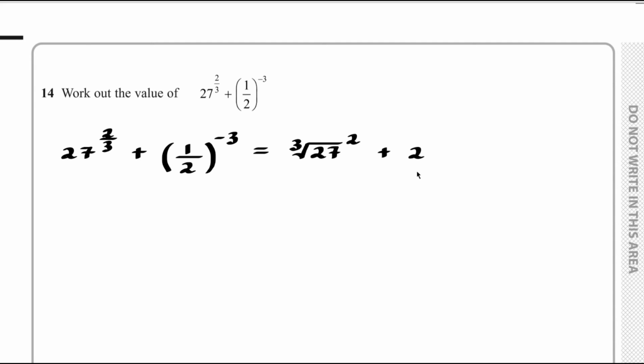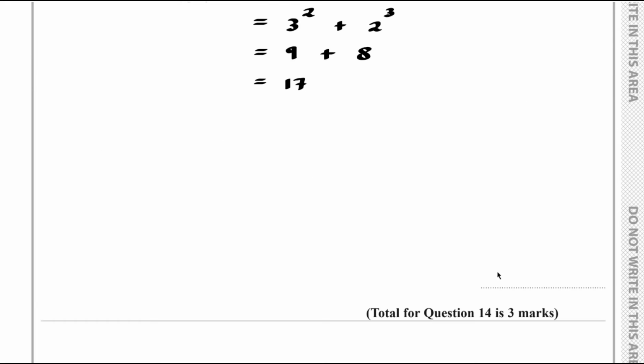Reciprocating 1/2, that's 2, so we have 2 cubed. Now the cube root of 27, that's 3, so we have 3 squared, and we add on to this 2 cubed. 3 squared is 9, 2 cubed is 8, 9 plus 8 is 17. So the result of that calculation is 17.